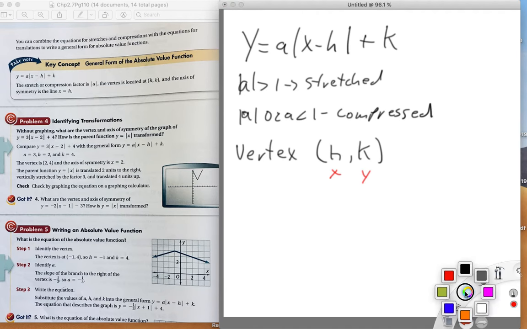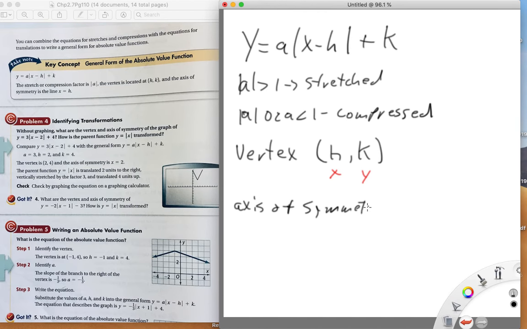The axis of symmetry is at x equals h. So whatever h is, that's going to be the spot where it reflects. That's where the V is going to take place. Okay.